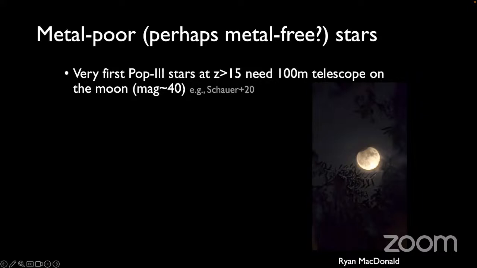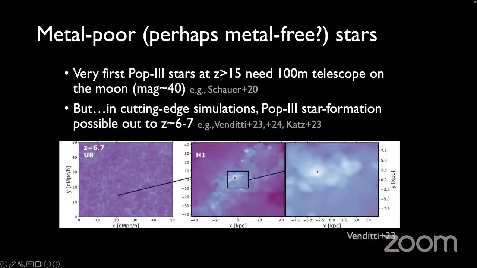But of late, when people went back and started running these very detailed hydrodynamical simulations, what they found is that there are really good chances for this metal-free star formation to be happening all the way down to redshifts of 5, 6, 7, because even in larger galaxies, you end up with clumps of gas that are still pristine.